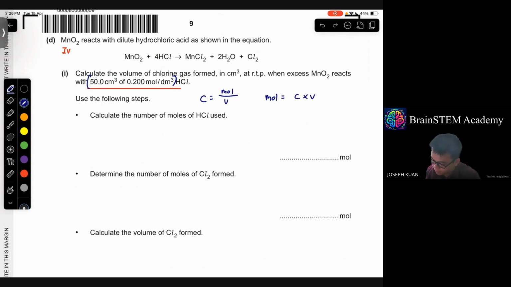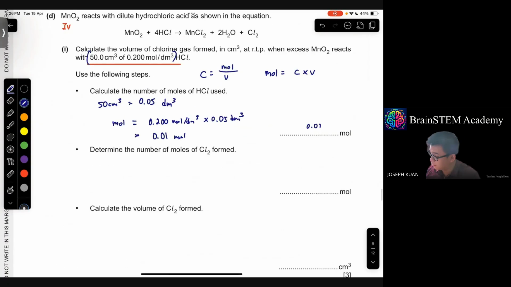So we convert 50 cubic centimeters to cubic decimeters first, which is just by dividing by 1,000. So that makes 0.05 cubic decimeter. And to find the answer, we take the concentration 0.2, multiply by 0.05. And that will make 0.01 mole.